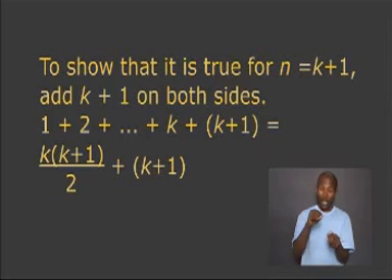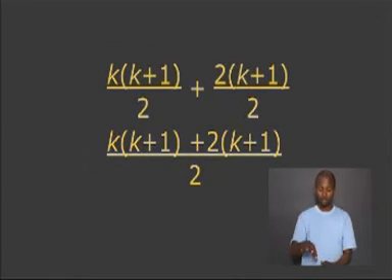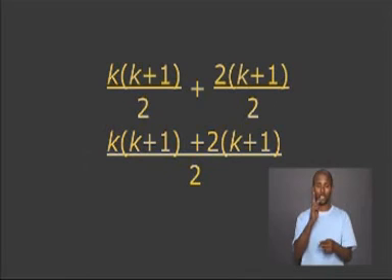Now, by adding k plus 1 on both sides, we get this result. We find that k times k plus 1 divided by 2, plus k plus 1, is equal to the product of k plus 1 multiplied by k over 2 plus 1.